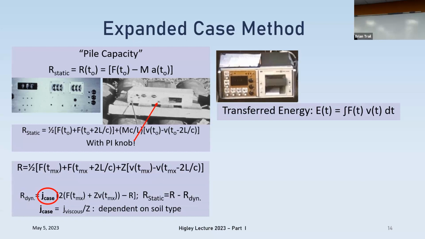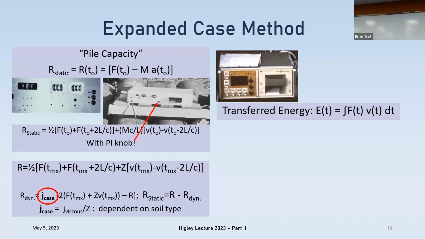And of course, in deference to our dear alma mater here, we call that the case damping factor. It was a viscous damping factor divided by the pile impedance. So that actually didn't make much sense as far as the soil is concerned, but it worked pretty good otherwise. And so the whole world talks about case damping factor, and everybody wants to know what the case damping factor should be now. Yeah, it became quite known what we were doing.